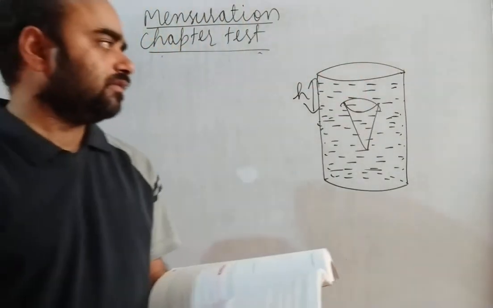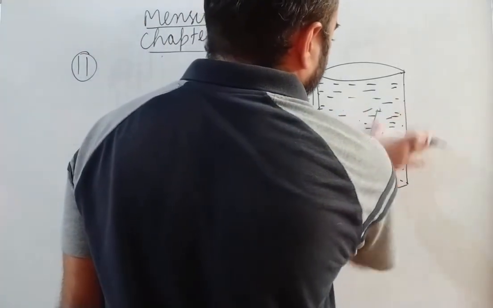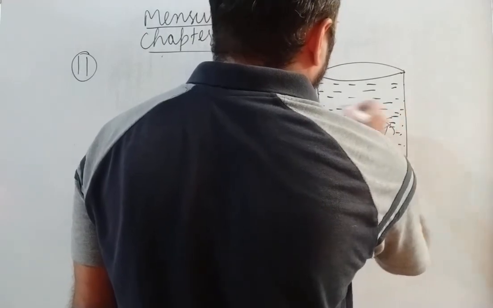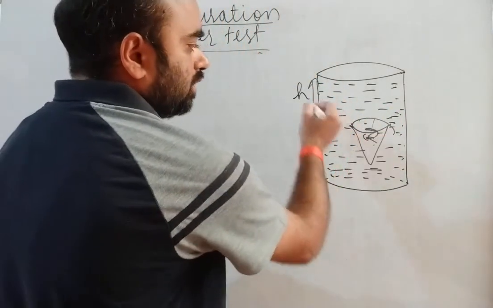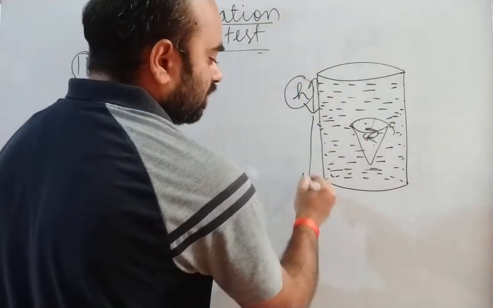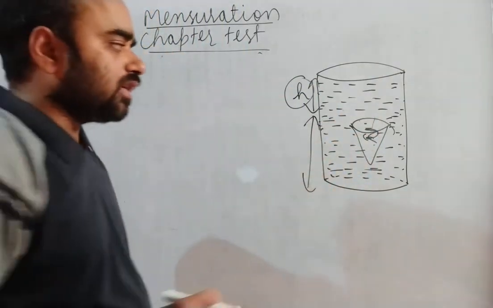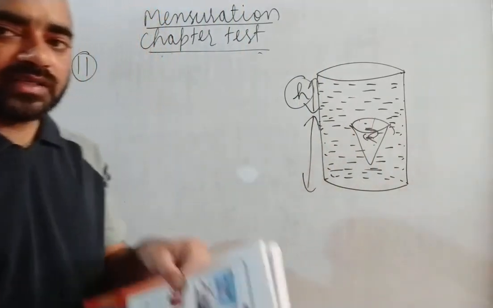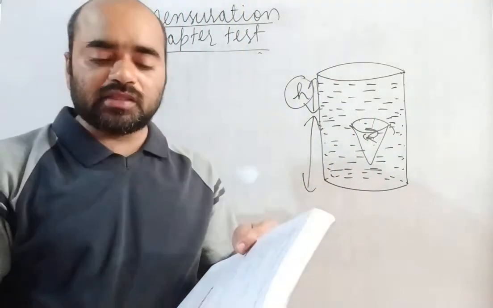Suppose here it is the cone and water is raised. Initially water was up to here, but as soon as the cone is dropped into the jar, water level will rise. So we have to calculate the rise in water level in the jar.